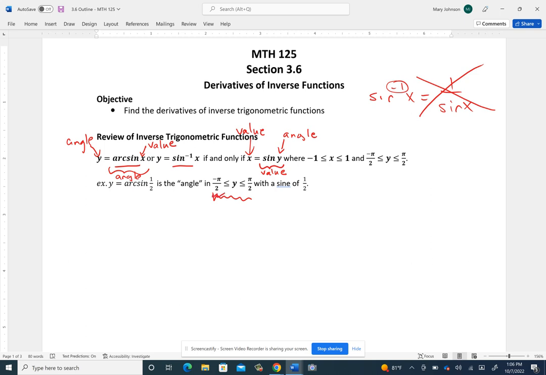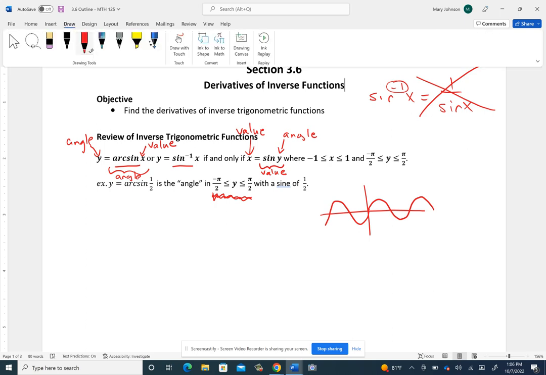So you'll have these special conditions here, because sine is going to be a function that looks something like this, right? Keeps going forever, both directions, fluctuating between 1 and -1. All right.